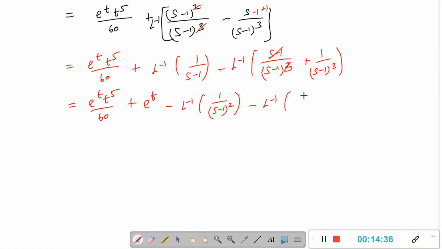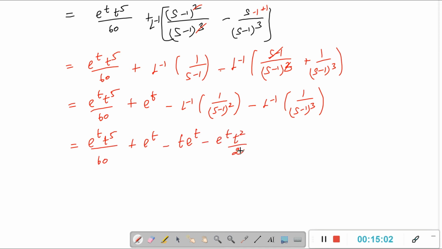So L inverse of 1 by s minus 1 whole power 3. By applying the formula, first shifting property, as well as L inverse of 1 by s power n formula, you may get e power t power 5 divided by 60 plus e power t minus t e power t minus e power t t square divided by 2. So this is called y of t.